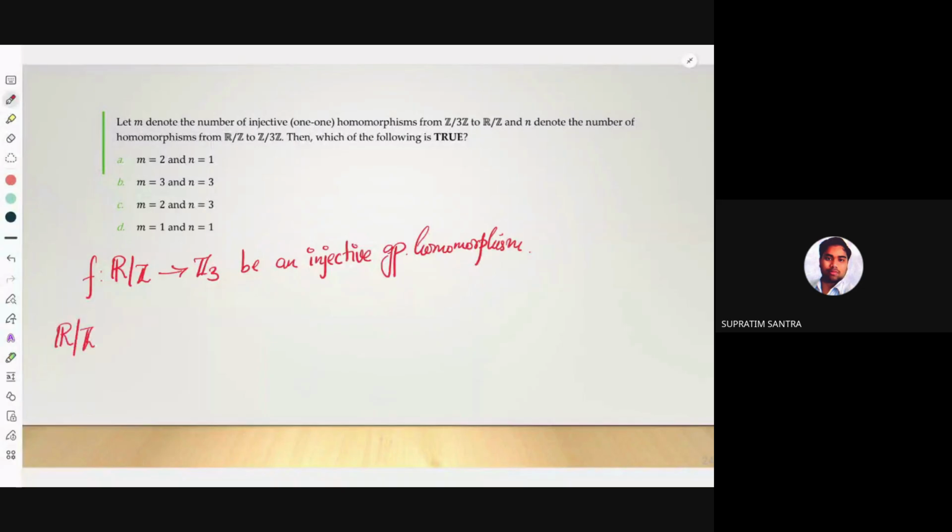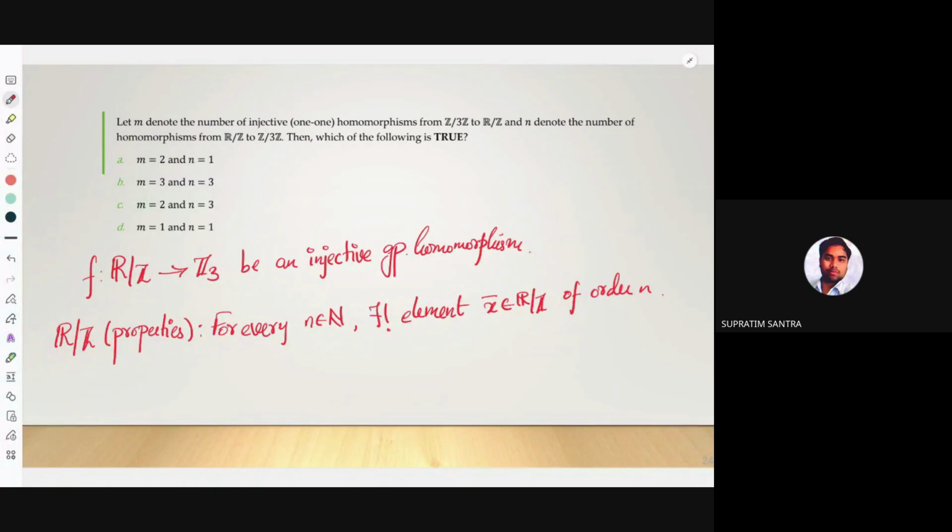First thing, properties of R mod Z. This is the property which we will be using: for every natural number n, there exists a unique element x bar in R mod Z of order n. It's quite surprising.